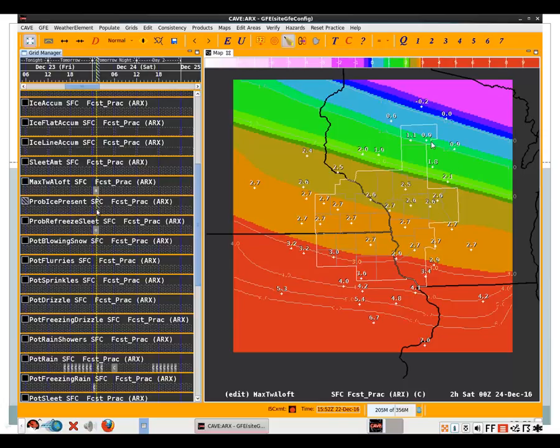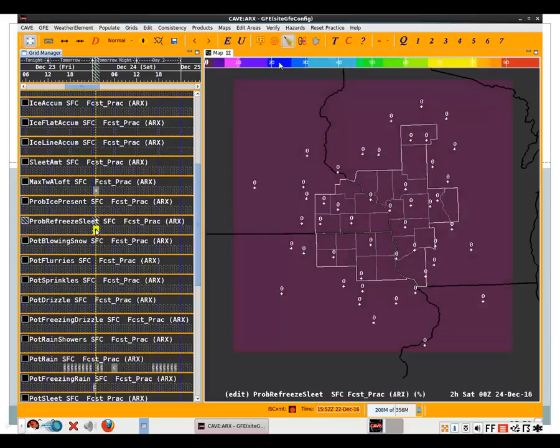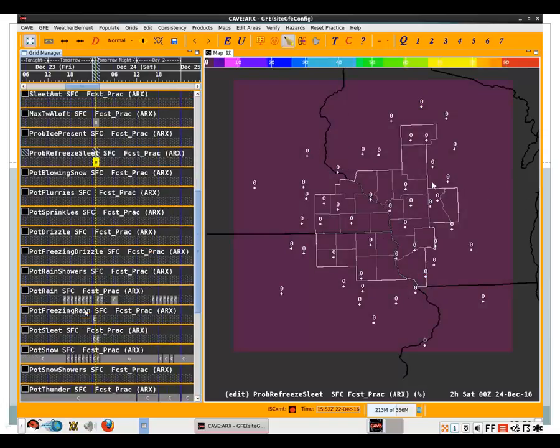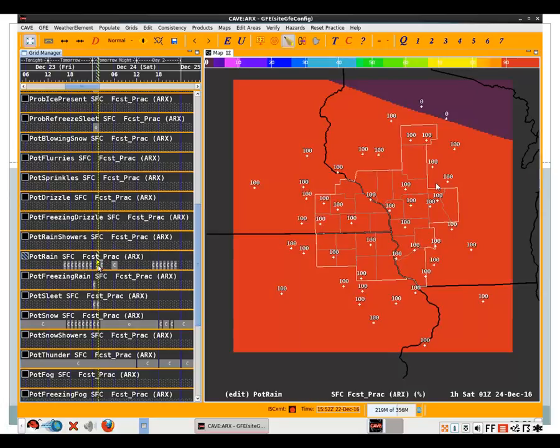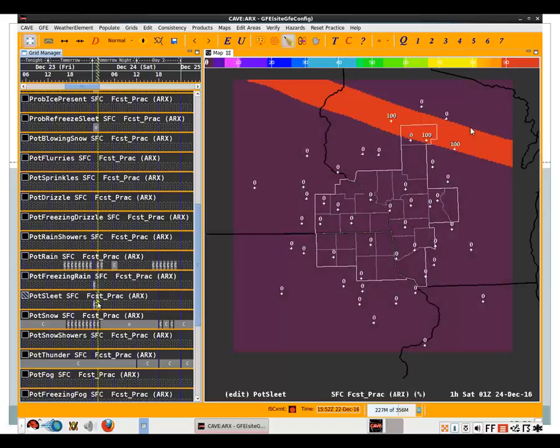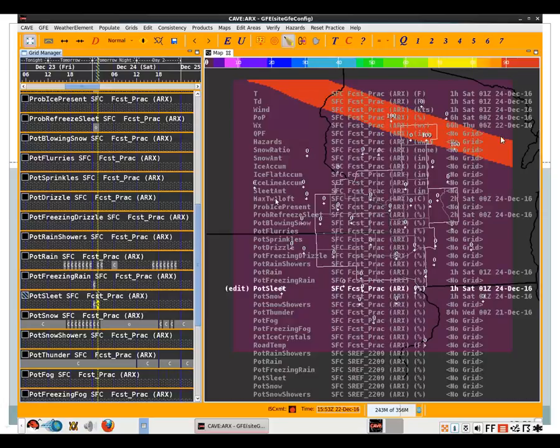And so 0 to 1, just so you can see it, was up in this area here. I've got no prob ice or prob of refreeze sleet grid. And here are my outcomes. Rain all the way up to 0 Celsius aloft. I've got no freezing rain because temperatures are 33 and my wet bulb's 33. And my sleet grid there is right in that 0 to 1 degree temperature range that you see the sleet showing up.